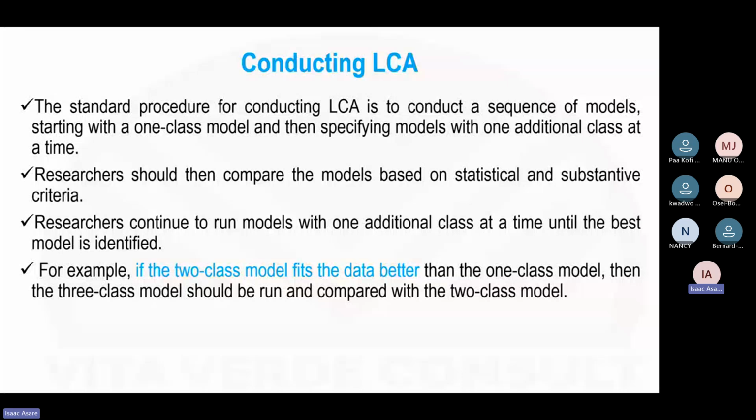So it says researchers continue to run models with one additional class at a time until the best model is identified. So you continue to run. If you think the fifth one is not good, add 1 to it. It will become 6, it will become 7, it will become 8. But over a period, it doesn't make sense.